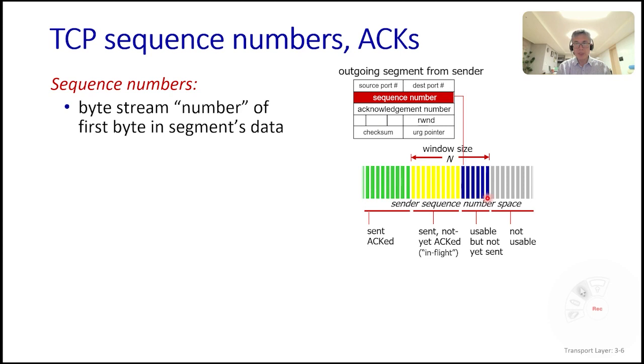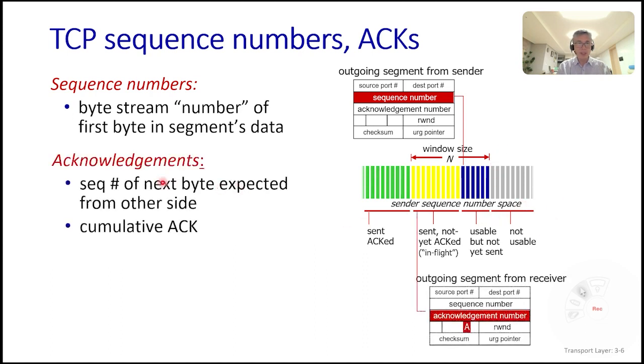The blue one means we can transmit, usable but not yet sent, because the application layer didn't send the data payload to the TCP layer, and gray is not usable. The acknowledgement is the sequence number of the next byte expected from the other side. Also, it supports a cumulative ACK.